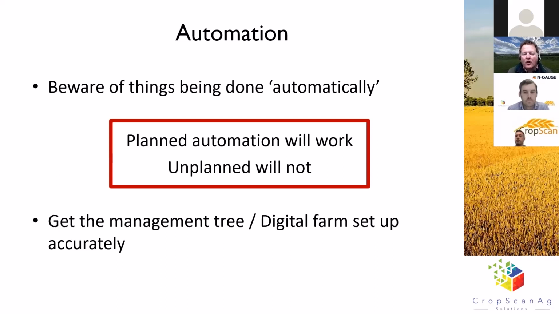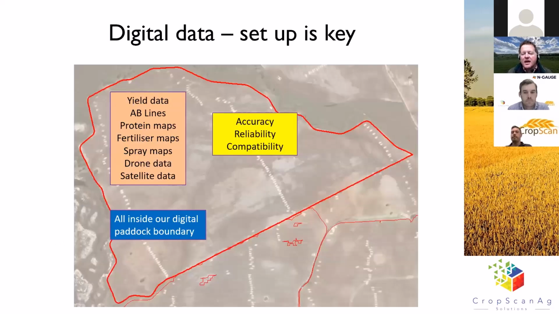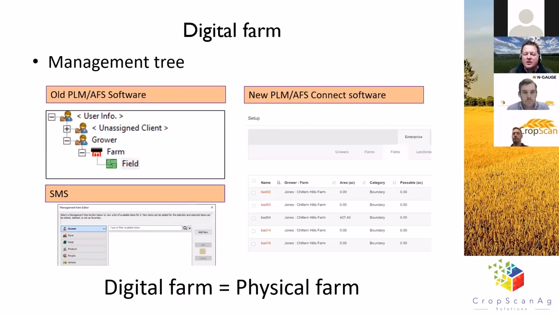So we want to make sure that we get the management tree and the digital farm set up accurately right at the very beginning, because once we've got our digital farm set up, then we've got our field boundaries, which are absolutely vital now in whichever platform and portal we're looking at, whether it's our yield data, AB lines, protein maps, etc. They will all be inside our digital paddock boundary, and that is really important, because then we've got accuracy, reliability, and compatibility between the different systems, and then it's much less likely to be going wrong. And so this is really super important.